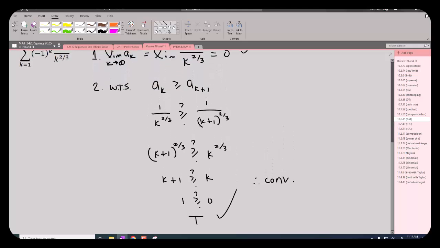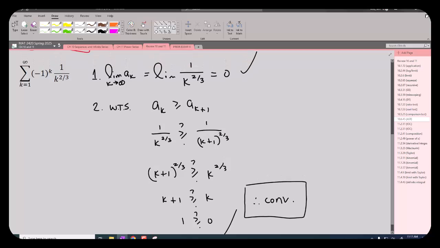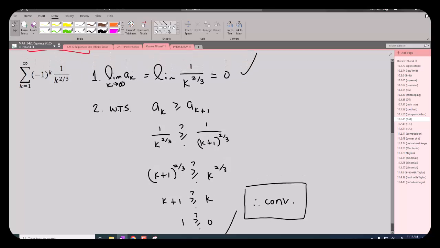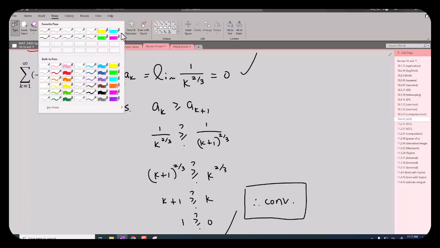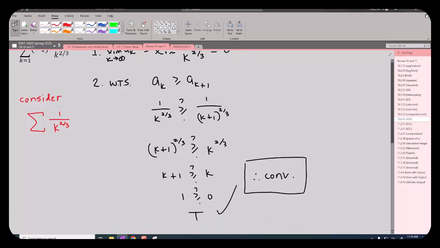All right. Whenever we have an alternating series that converges, we can then ask whether that convergence is conditional or absolute. To analyze that, we consider the series of absolute values.